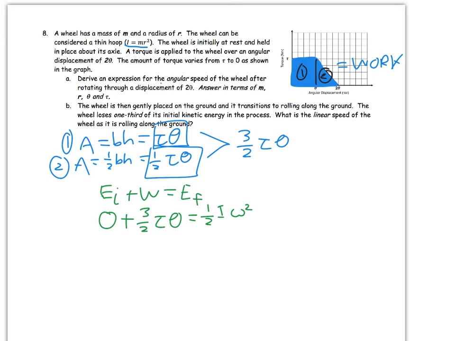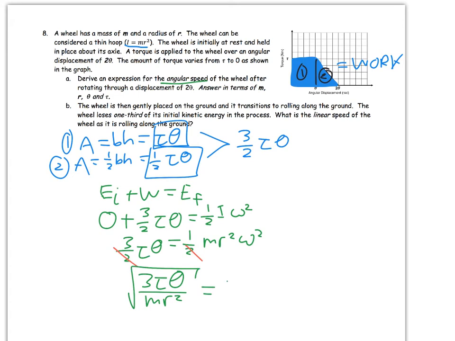We're looking for angular speed, so we're not going to make a substitution for omega like we've done for some of the other problems. But we do need to substitute in for I because we don't know that. However, we do know that I is equal to mr squared, and so we can make that substitution. The 2's on the bottom here cancel out. We can move some things over to ultimately solve for omega. So omega squared is equal to 3 tau theta divided by mr squared. So we'll just take the square root there.